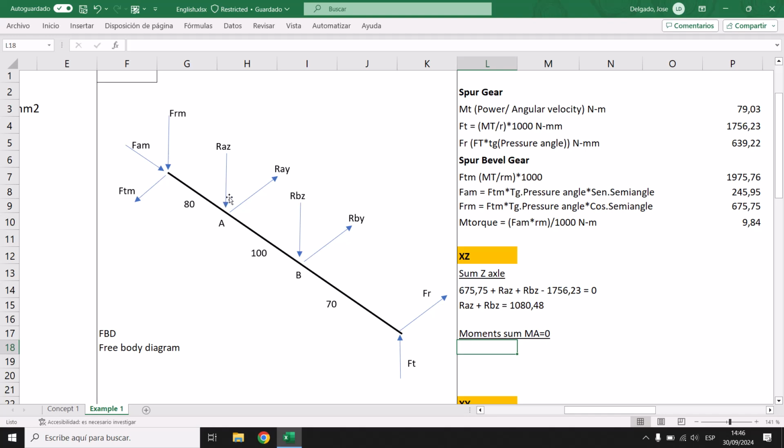Now you should calculate the sum of moments on A. In this case, I put A. Don't worry if you use the other, it's the same. I'm going to put the values first, and then you try to continue with me.